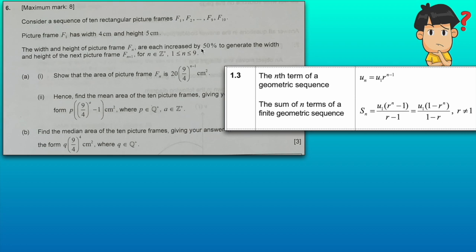Notice this information here, increased by 50% for both the width and the height. This format also tells us that this is a geometric sequence. See this format here? They are of the same format.